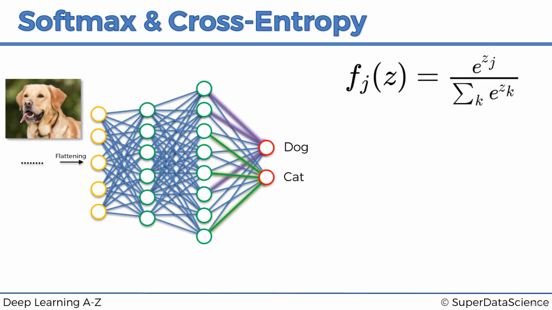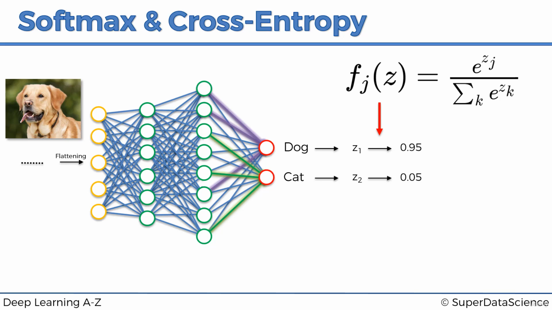So normally what would happen is the dog and the cat neurons would have any kind of real values. They don't have to add up to 1. But then we would apply the Softmax function, which is written up over there at the top, and that would bring these values to be between 0 and 1, and it would make them add up to 1.